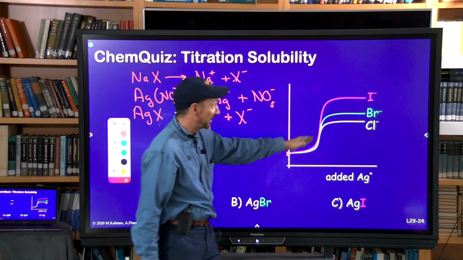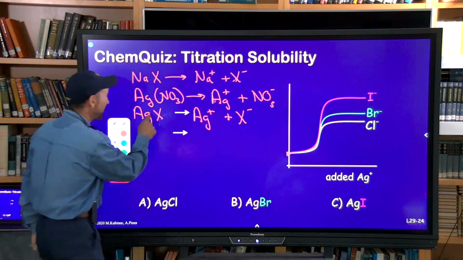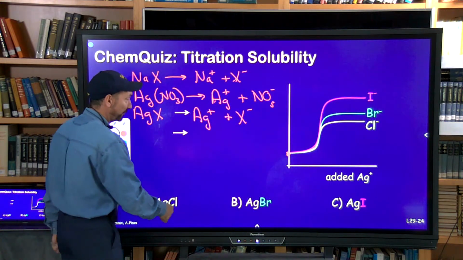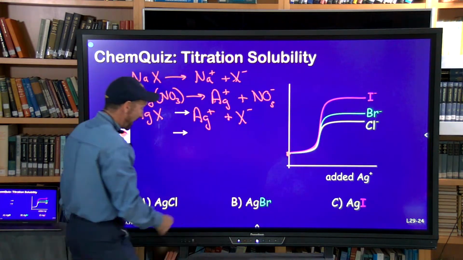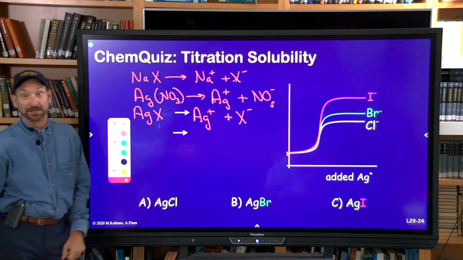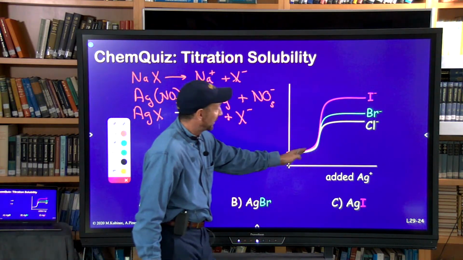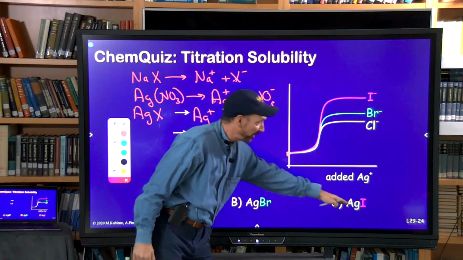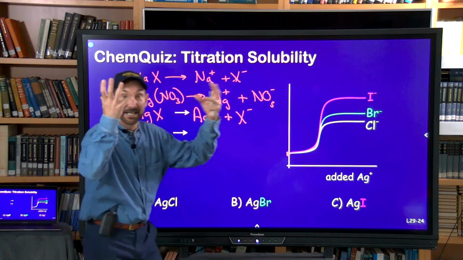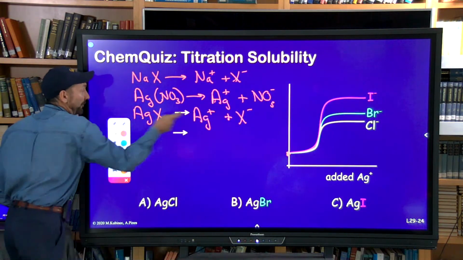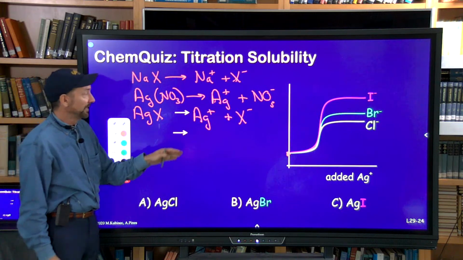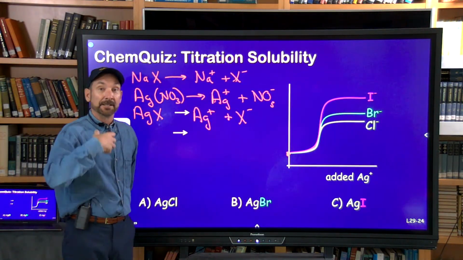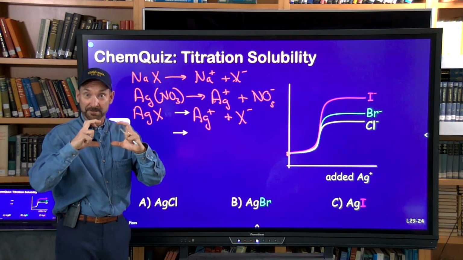We can tell because silver chloride starts being formed, and that lowers the chloride concentration. Silver iodide starts being formed, and that lowers the iodine concentration. So the concentrations of the ions are being lowered because these salts are precipitating out. They're forming the solid. The reverse reaction is going. So it's a titration. You're removing X instead of removing H₃O pluses.